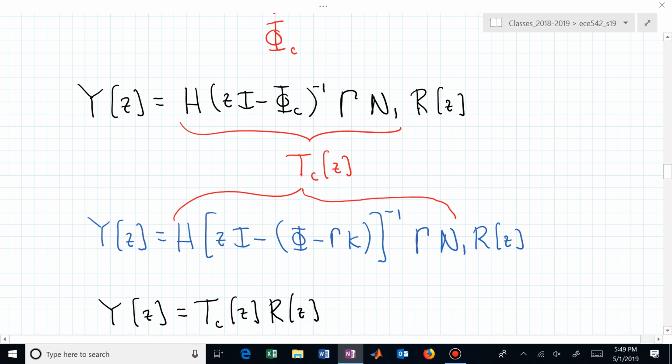That's this matrix that we're using to inject this reference input signal or information into our system. We haven't yet determined how to pick that. How do we design N sub 1?